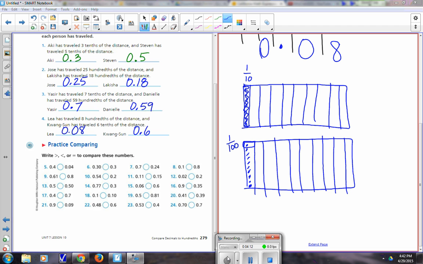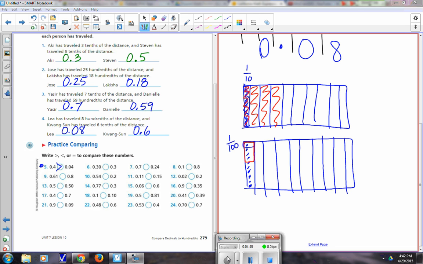Which one's bigger? You're right, 1/10. So when you're reading number 5 with me, you read the first one as 4/10. You read the second one as 4/100ths. Which one's greater? 4/10. So what you're saying there is 4/10, 1, 2, 3, 4, as opposed to 1, 2, 3, 4, 4/100ths.